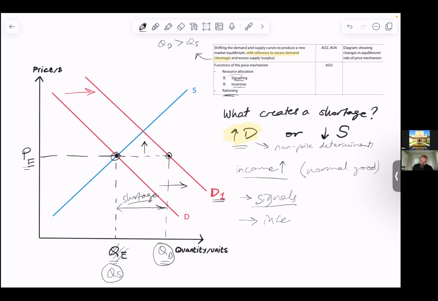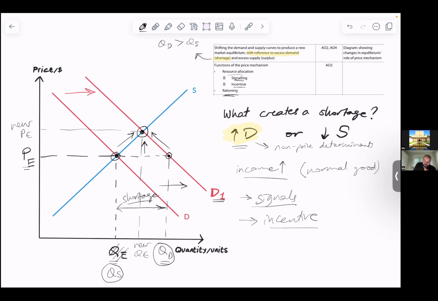So do you see how changes in price will signal and incentivize behavior? At the same time, as price rises gradually, that incentivizes some consumers to buy less or stop buying the product because some consumers might think it's not worth the higher price. By doing this, quantity supplied gradually increases along the supply curve. Quantity demanded gradually decreases along the new demand curve until a new equilibrium is reached, which is somewhere in the middle here. So this is the new QE, and this is the new equilibrium price.